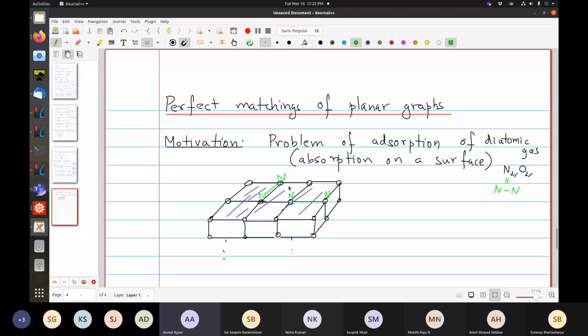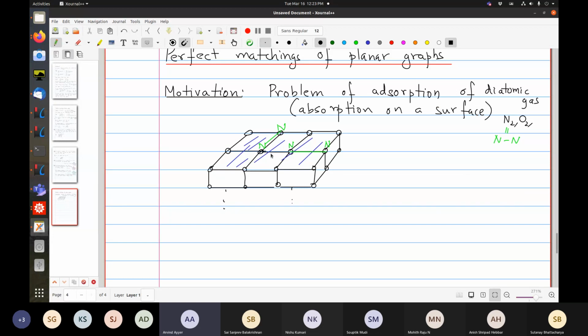and one wants to measure this in some sense. So what does measuring mean? One way of measuring is to simply count how many ways they can occupy this lattice. That is some notion of measure of the complexity of this process, if you like.